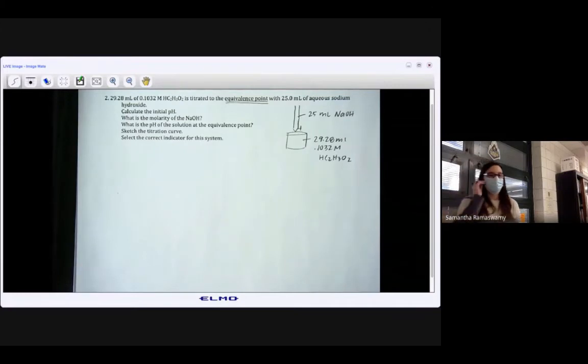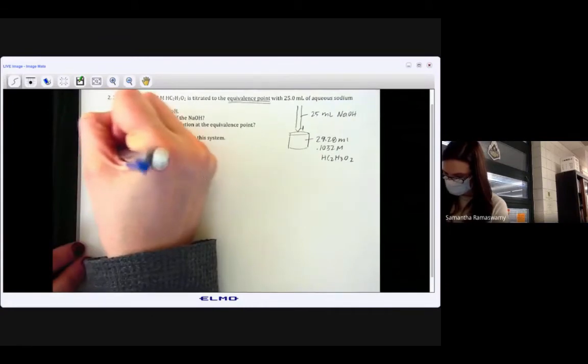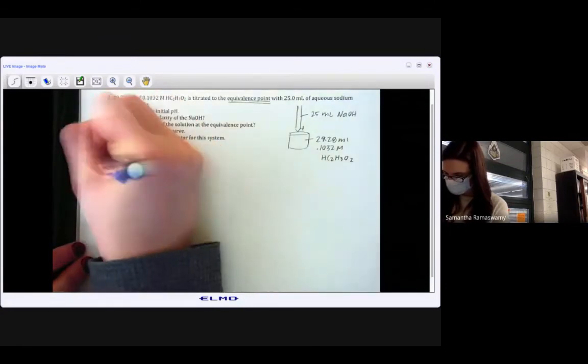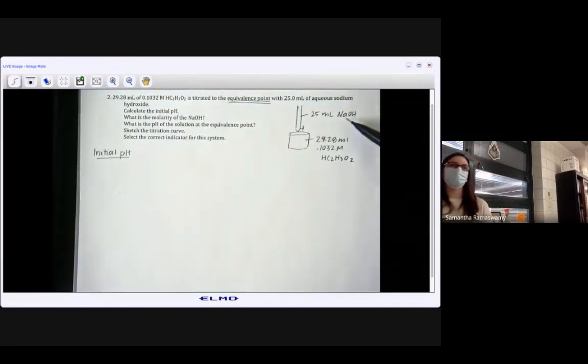So the first thing for number 2 says calculate the initial pH. I'll label this initial pH. Initial pH means before any of the sodium hydroxide was added. So think about what is in the beaker.